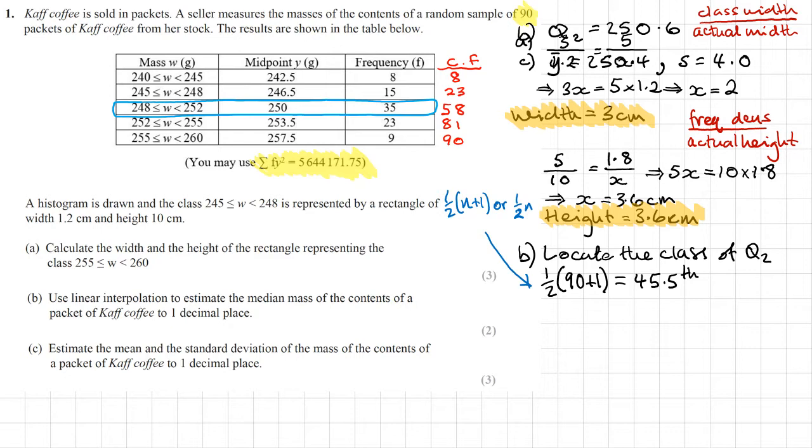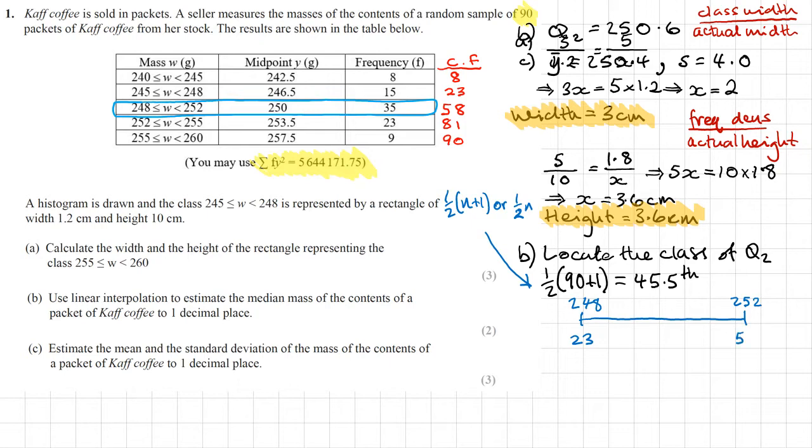So I'm now going to do a little number line to help me do that calculation. This bar represents the class that goes from 248 to 252, and its frequency is going to go from the frequency where the last group finished, which is 23, up to the frequency at the end of that group, which is 58.